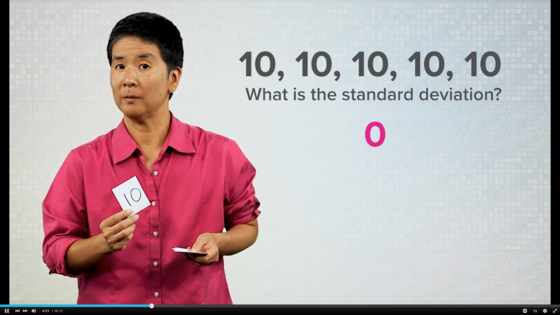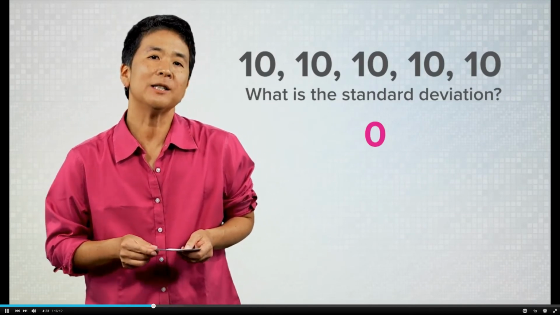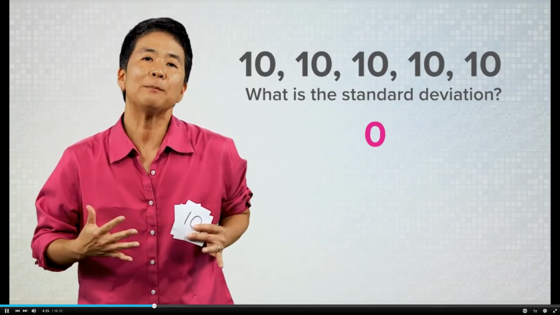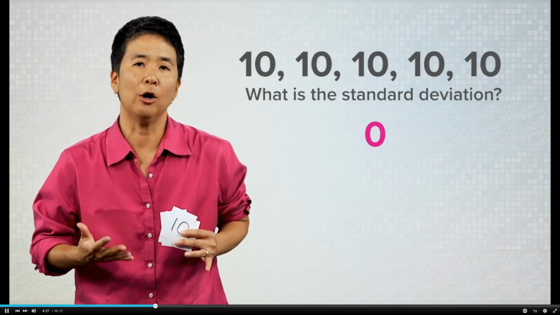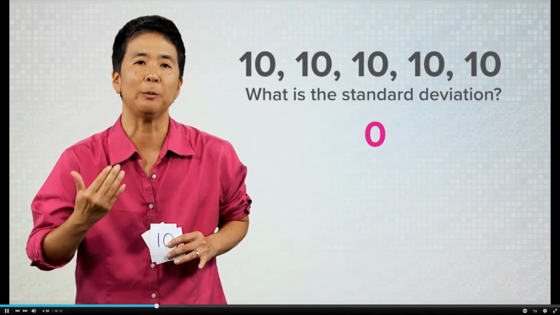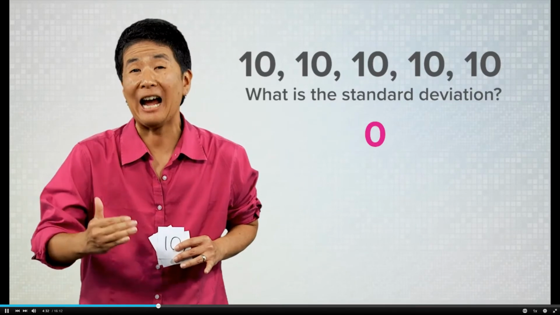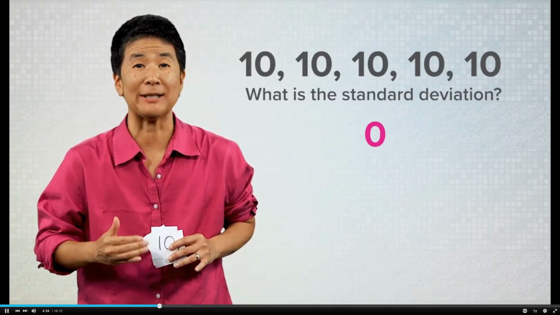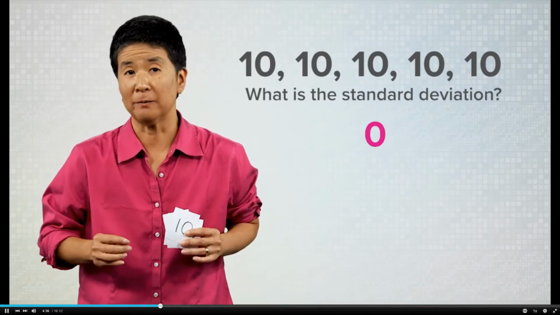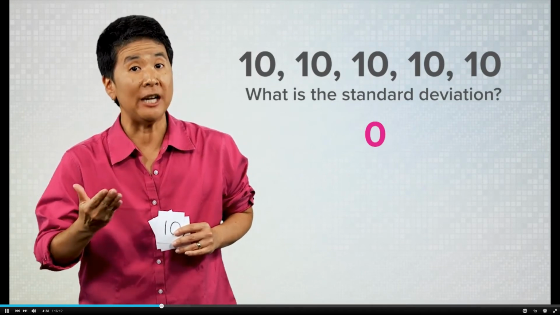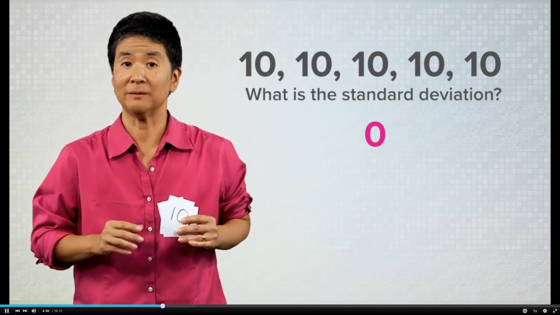Also 0. Well, if you think about it, in this particular data set, if I kept doing this over and over again, every distance will be 0. So the average distance any data point is away from the mean will be 0. So the standard deviation for this data set is 0.